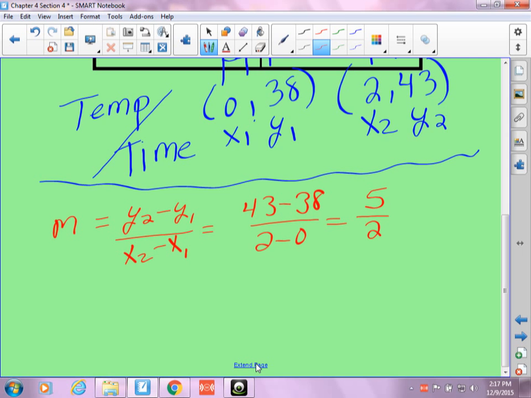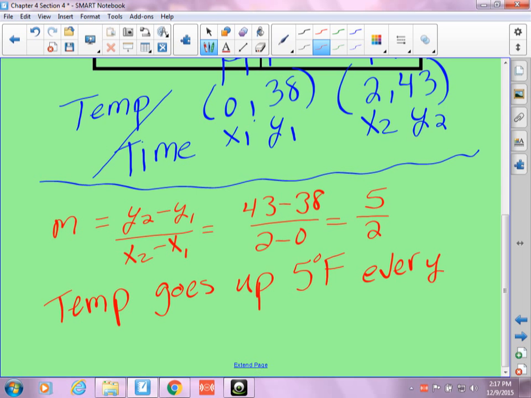Is the temperature going up or is it going down? It's going up 5 degrees. So the temp goes up 5 degrees Fahrenheit every 2 hours. That's how you read that information as it is.